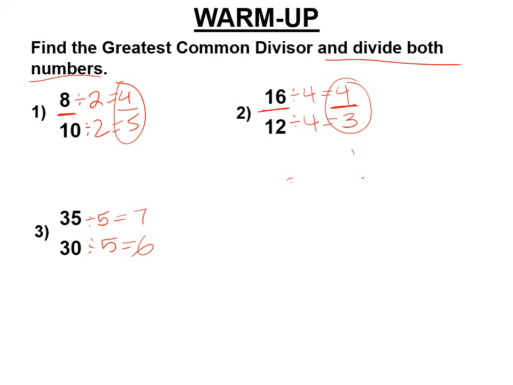Now you might feel like you have to make this 1 1/3, but you do not. That's called making it a mixed number. 4/3 is a perfectly good answer. It is simplified. And if you simplify 35/30, it simplifies to 7/6. So if you could do this work the way I've just shown it, you already can simplify a fraction.